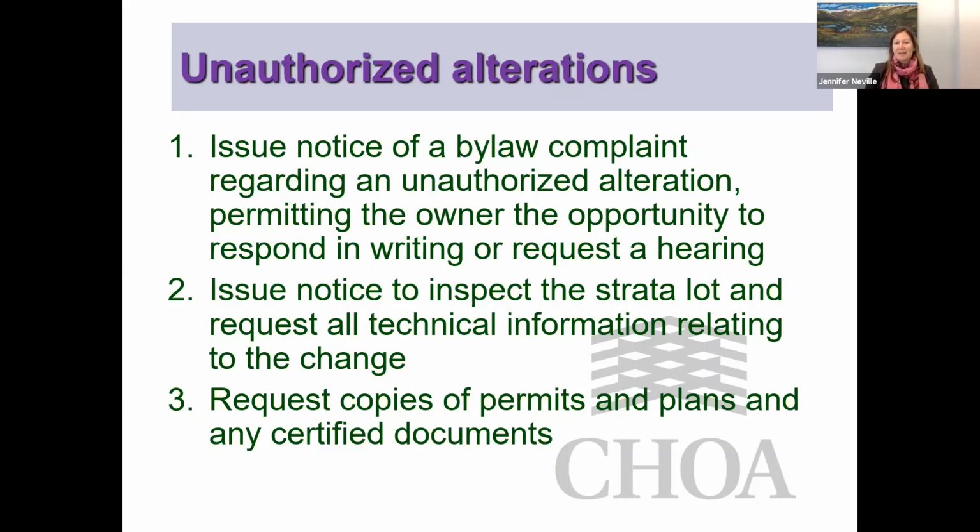Request copies of permits and plans and any certified documents. So again, this comes back to permits. It's quite possible that the owner did this kind of work without a permit, and if there was an agreement in place, the Strata Corporation would have been able to ensure that the owner would be fully responsible for that. If there's not an agreement in place, you've still got the ability to enforce it against the owners.